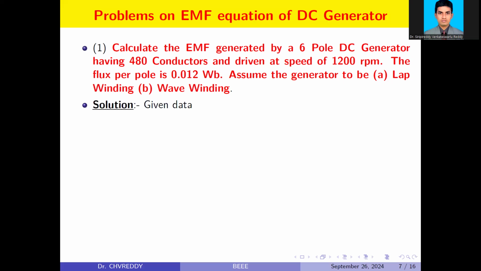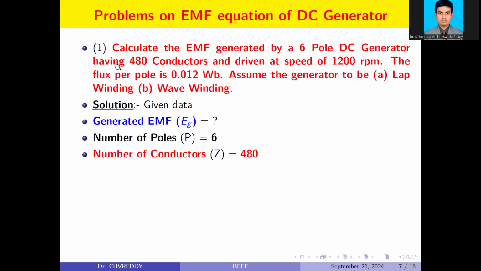Coming to the solution, that is the given data. If you observe the problem, they are asking to calculate the generated EMF, so generated EMF equals question mark. They give a 6-pole DC generator, that is the number of poles P equal to 6.